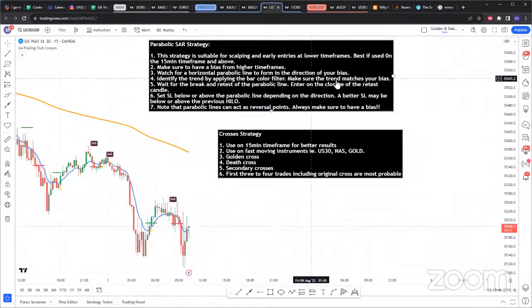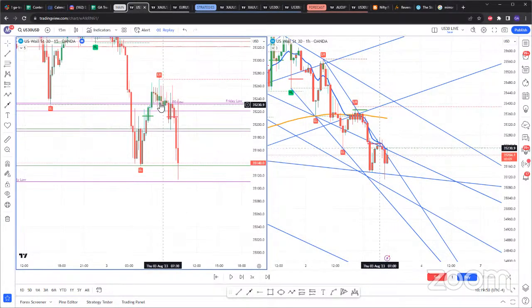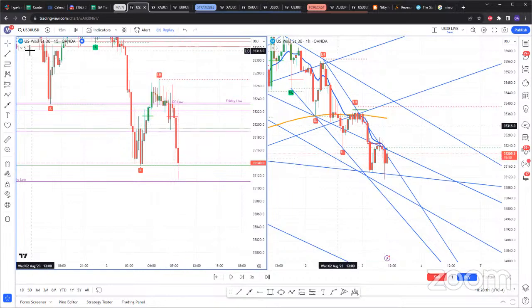Identify the trend by applying the Bacala filter. So if you're looking for sell, don't sell when the candle of entry is a green candle, and don't buy when your candle of entry is a red candle. Keep in mind, for me, I have the bar color already applied. It's not like I apply it sometimes and don't apply it other times.